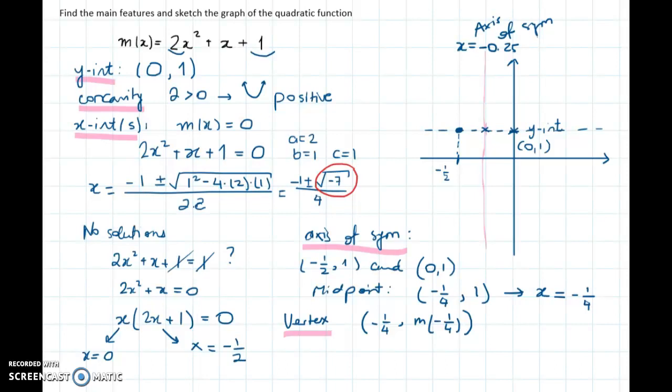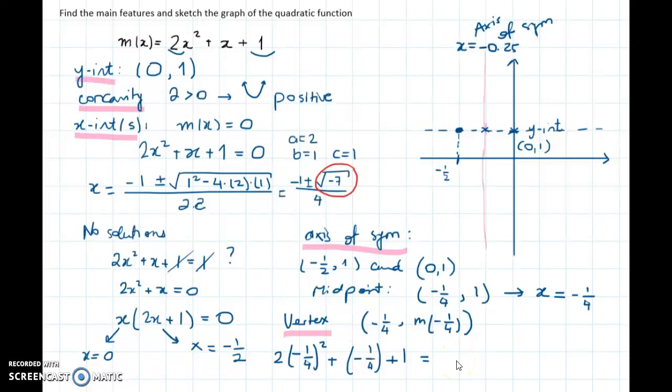So let me just write here, we are trying to find minus 1/4 squared multiplied by 2 plus minus 1/4 and plus 1. We know this has to be a positive result because we don't want to cross the x-axis, and we also know that it has to be lower than 1 because we want to have positive concavity as well.